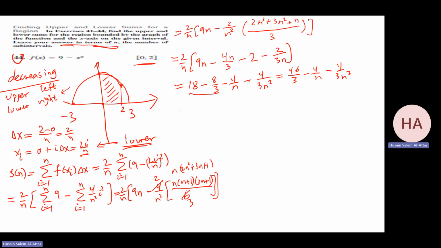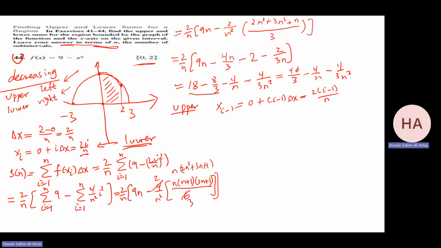Now we'll come to the upper. For the upper, now I need xi minus 1, since I need the left endpoint. That gives me 0 plus i minus 1 delta x, which is 2 times i minus 1 over n.